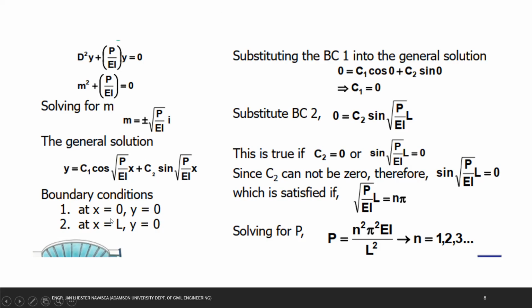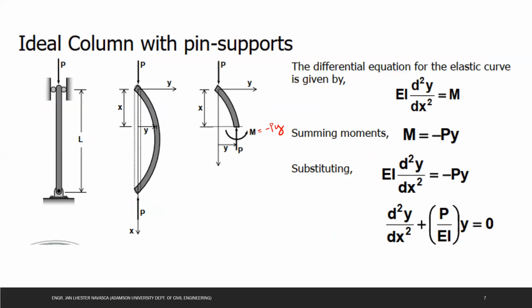Then taking the boundary conditions at x equals 0 and y equals 0. So y at x equals 0 is y equals 0 because we have pin supports. There is no vertical or horizontal displacement at x equals 0.